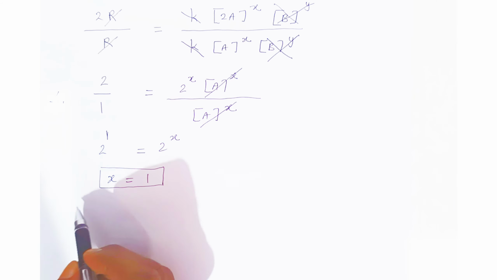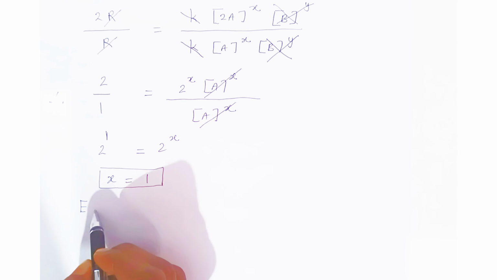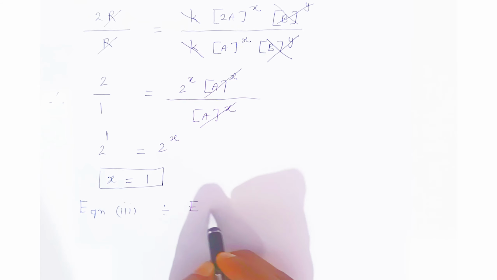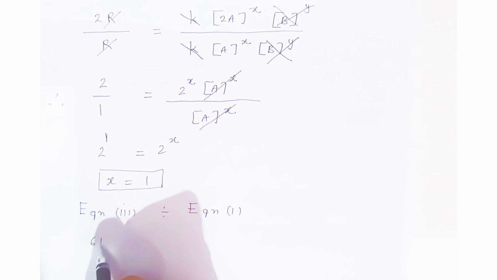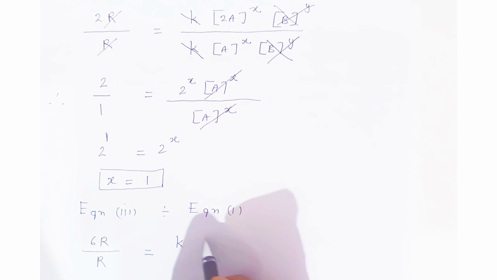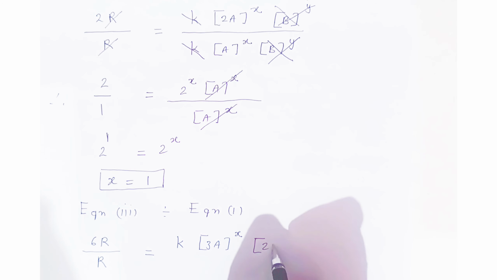Now, students, if you want to find the value of y, you have to write equation 3 and divide it with equation 1. So in equation 3 you have 6r, which you divide with r, equals k into thrice of A raised to x into twice of B raised to y.